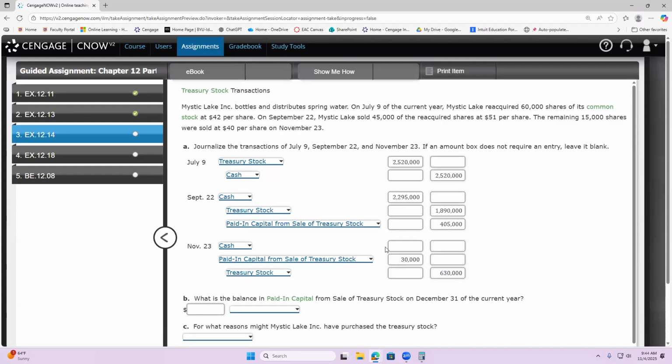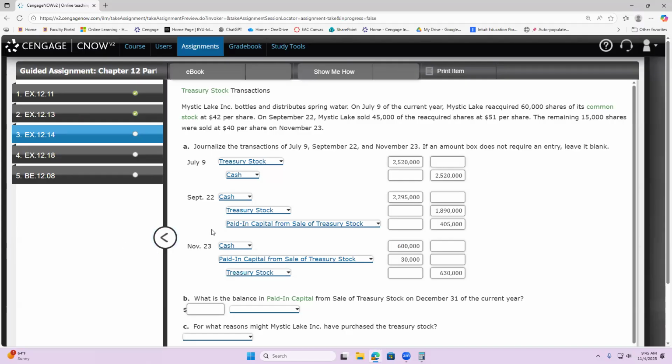And again, together that will tell us that we got 600,000 in cash. So on that second sale, they got 600,000 cash for something they paid 630,000 for. So they lost paid in capital from the sale of that treasury stock. They had a loss on it. The first one, they made a profit.